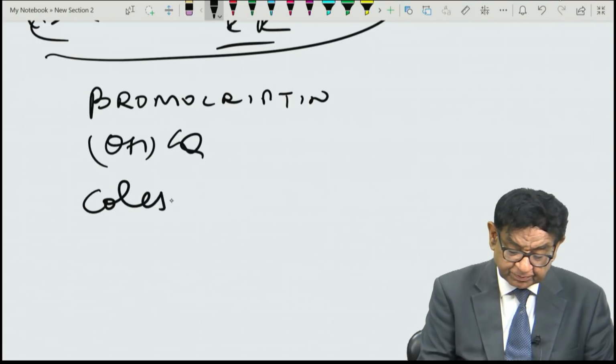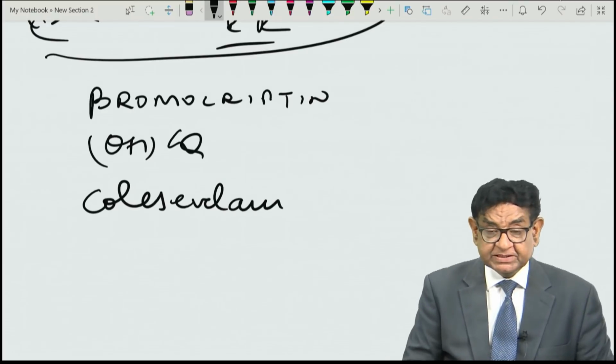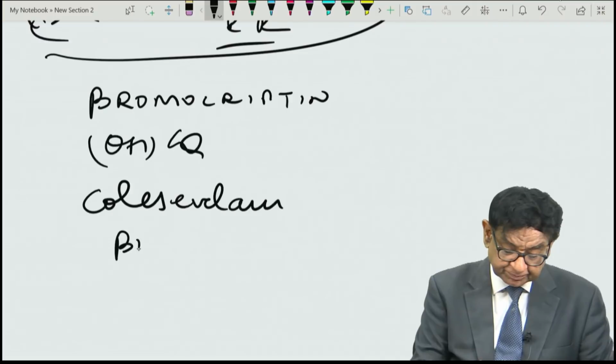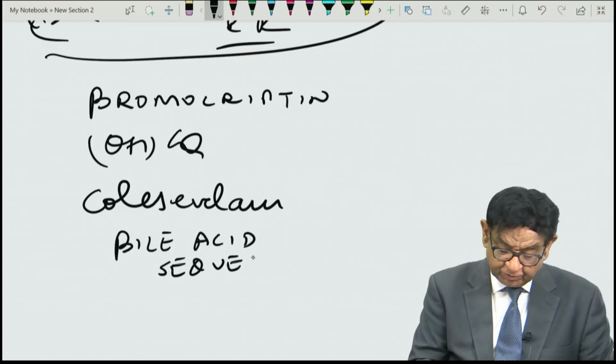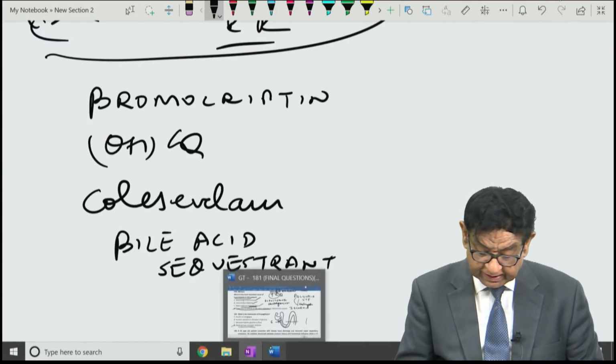Colesevelam, which is a bile acid sequestrant, has been approved as an anti-diabetic drug. So they are the newer drugs for diabetes.